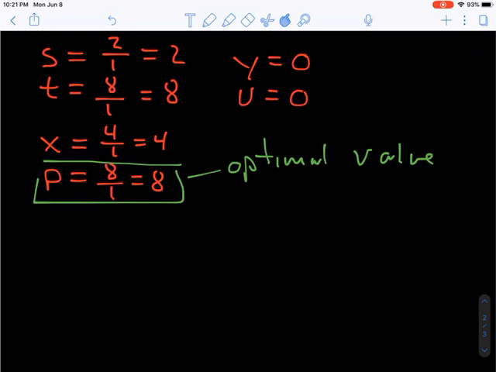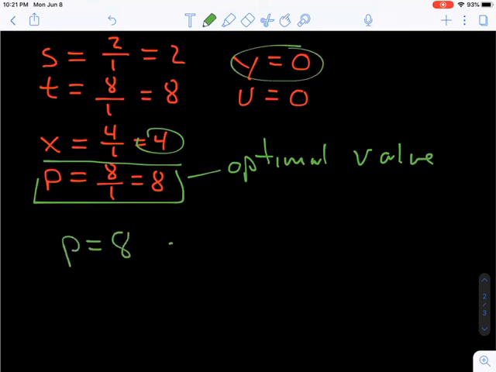And the optimal value occurs at x equals 4 and y equals 0. So P equals 8 at the point (4, 0). That is the solution to this standard maximization problem.